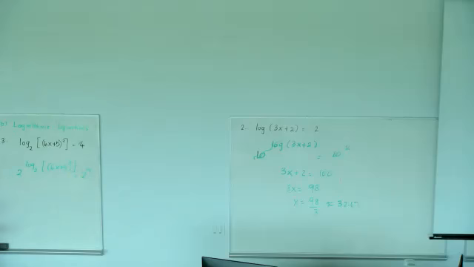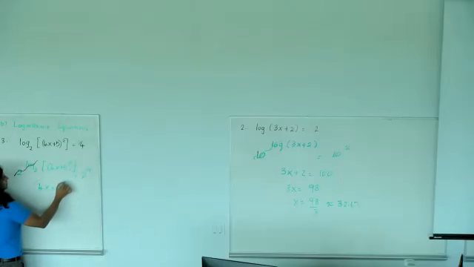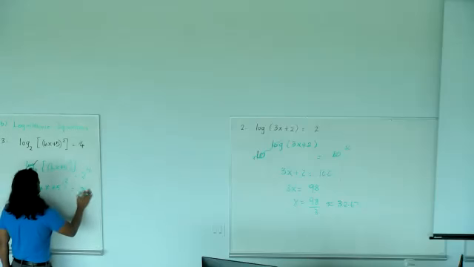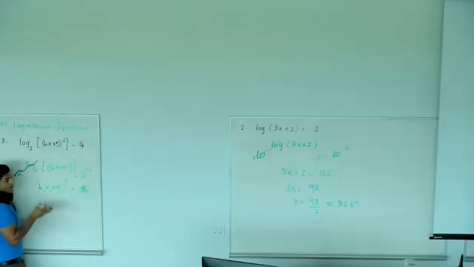What would happen to those two terms? Which would mean 4x plus 5 squared would equal 16. Now we can take the square root because we want to get to x.